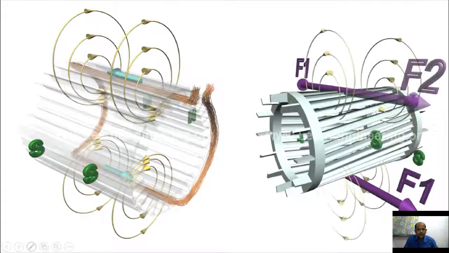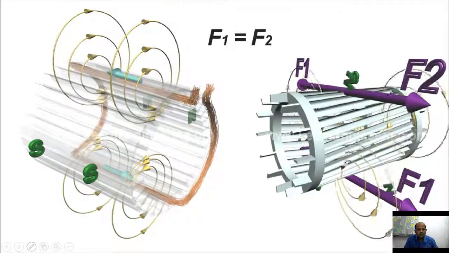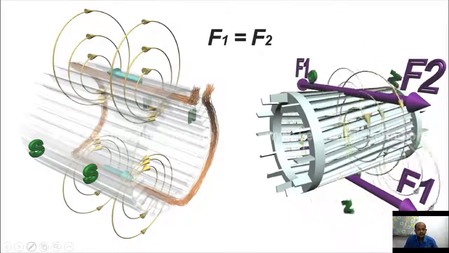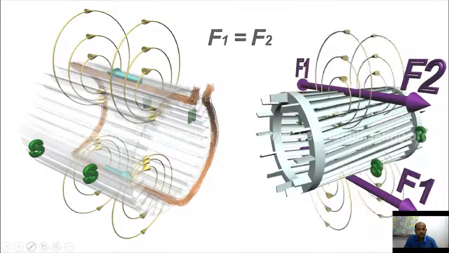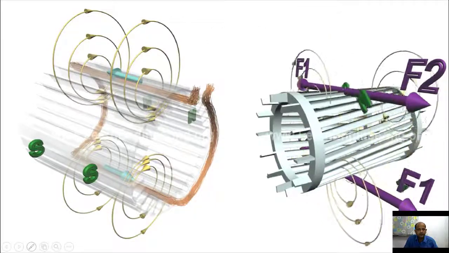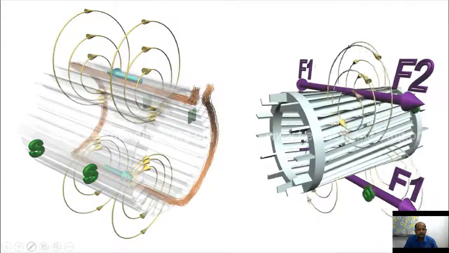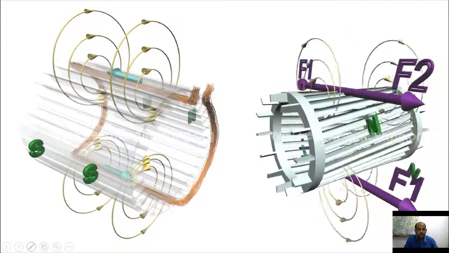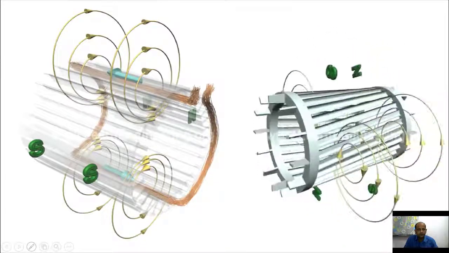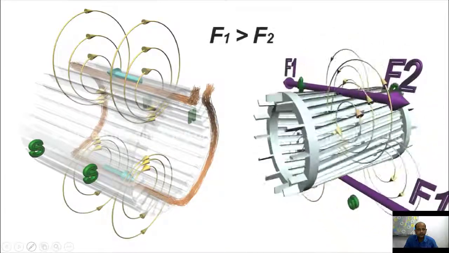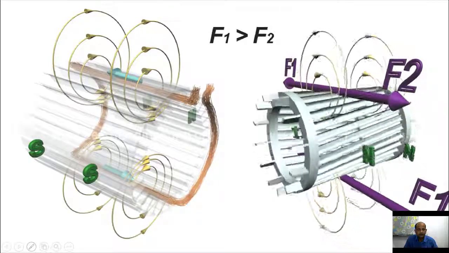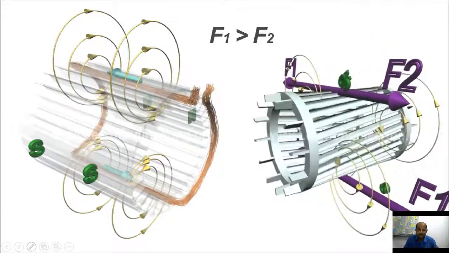Now if I give some initial rotation, then between these two forces, one will become predominant over the other, and it will overcome the inertia issues and it will start rotating in the direction in which I have provided the initial rotation.